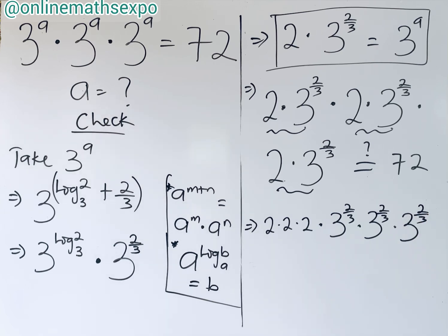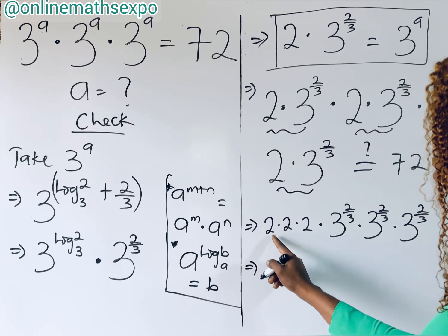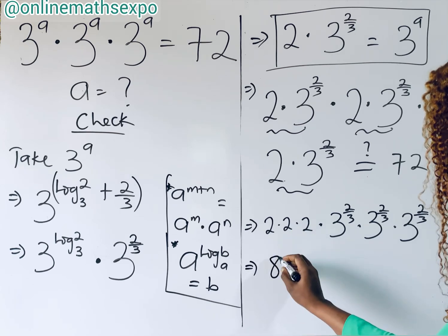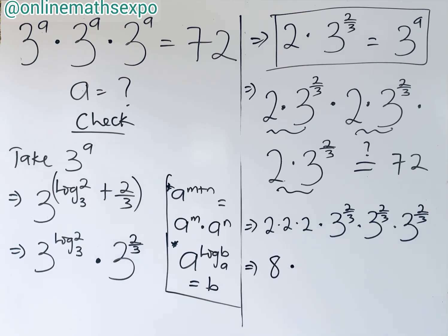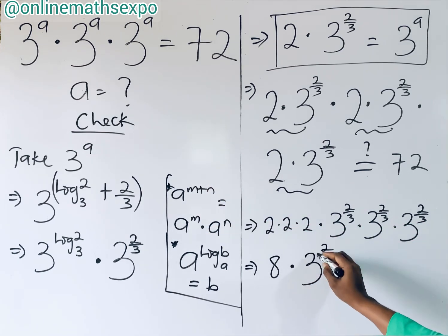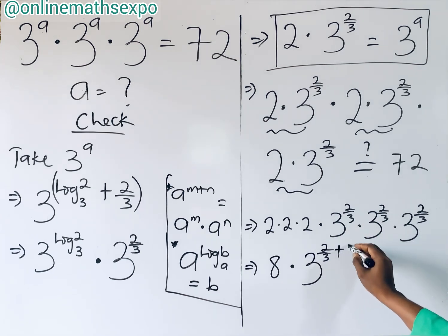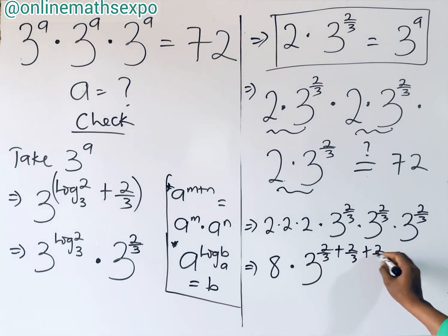Now what do you do next? 2 times 2 times 2 will give us 8, to be multiplied by the powers of 3. Now you remember what we said here, so we can add the powers. So let's add the powers.